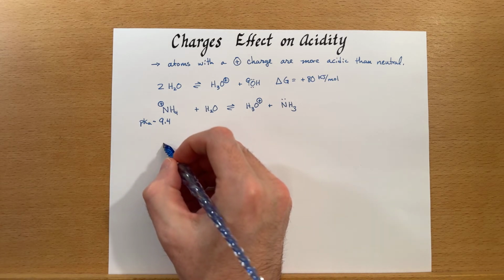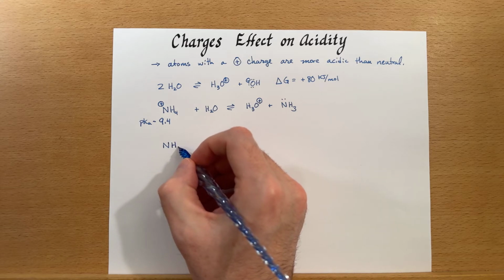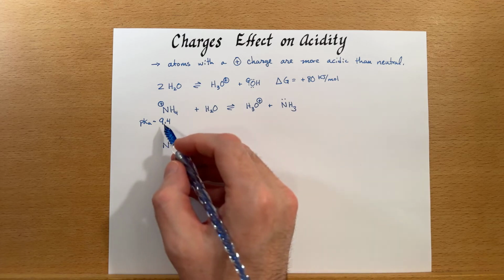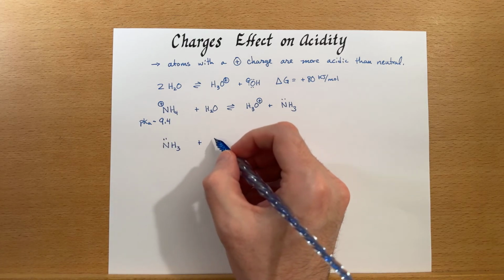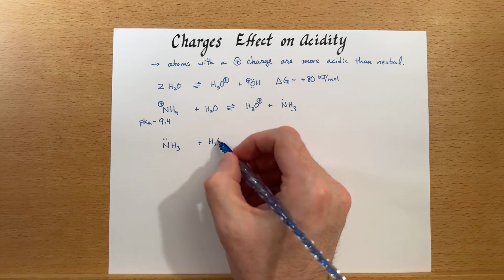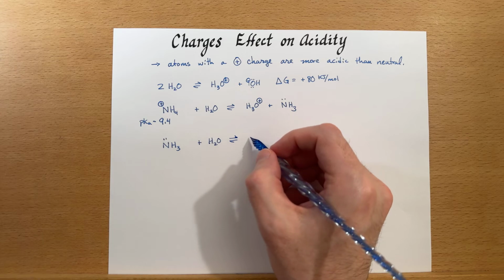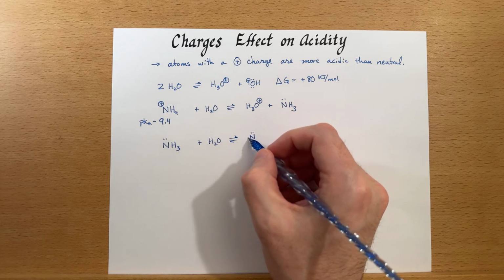Let's look at another process, in which we've just taken the ammonia, and we're going to try to do the same thing. Now, I will tell you that this is not a forward favored reaction.